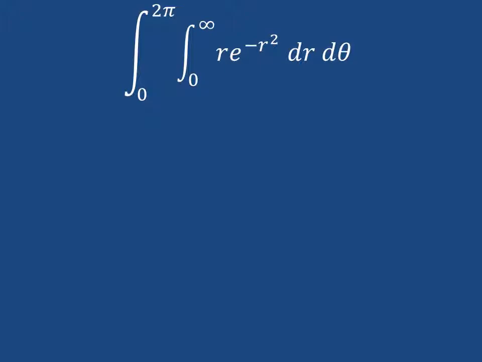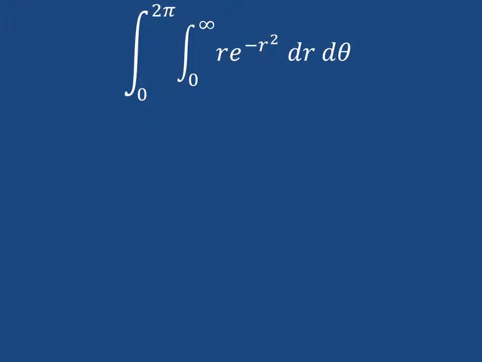Alright, now to finish this lesson, we make our substitutions for x and y and get the double integral in terms of the radius r, angle theta at polar coordinates.